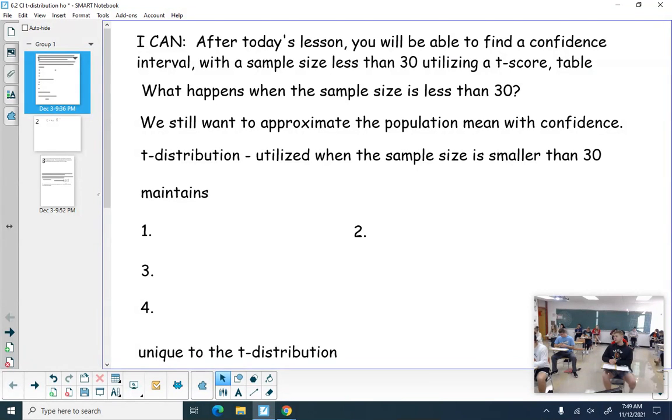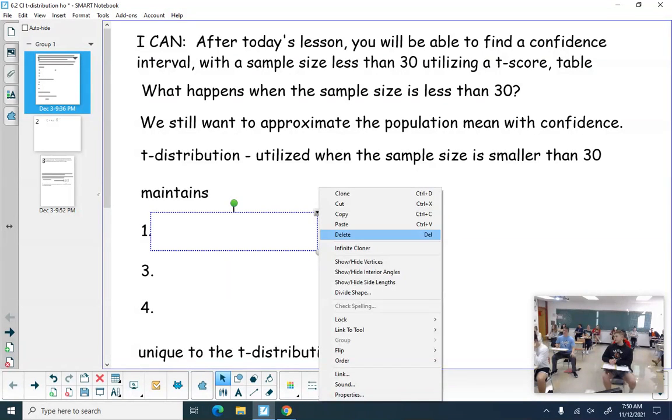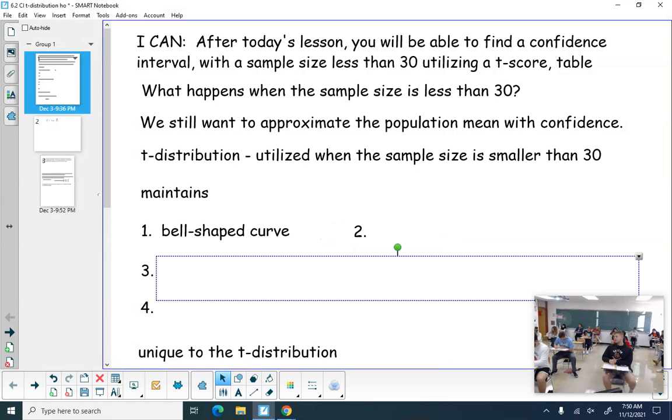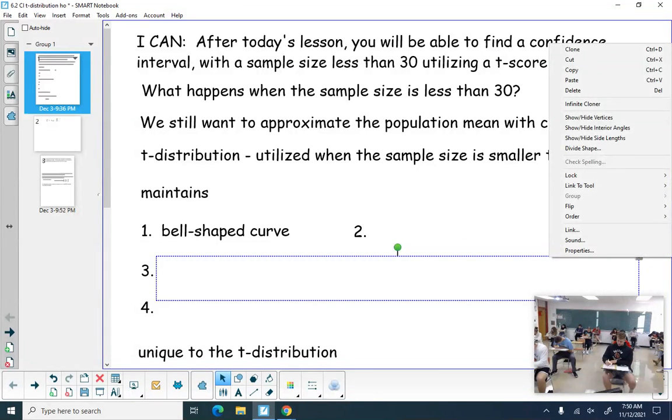When dealing with a t-distribution, the z-distribution had characteristics that you had to give me on the last quiz. We still maintain with a t-distribution that it's still going to be a bell-shaped curve.